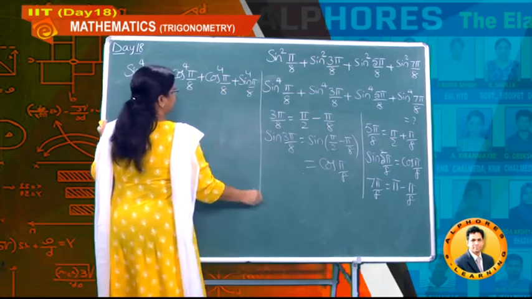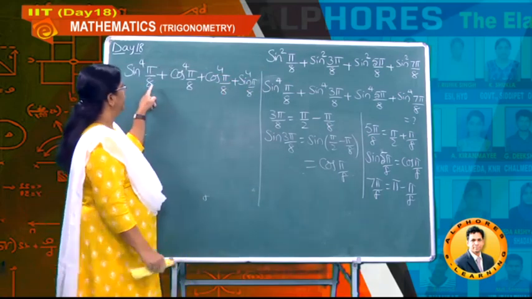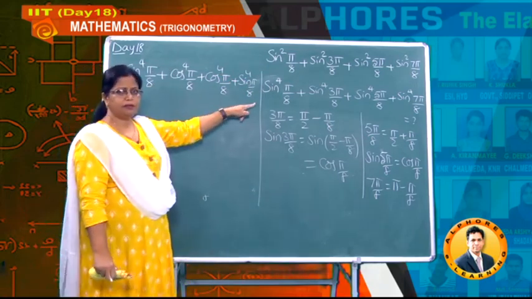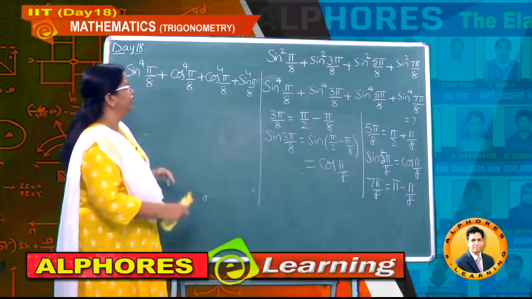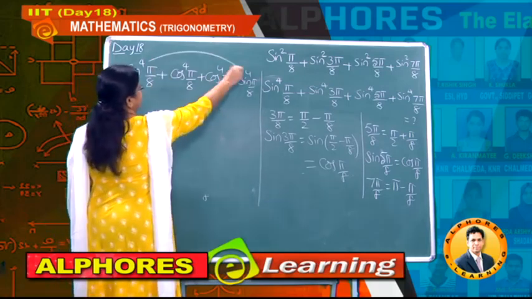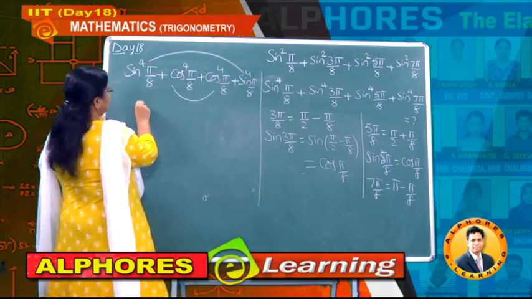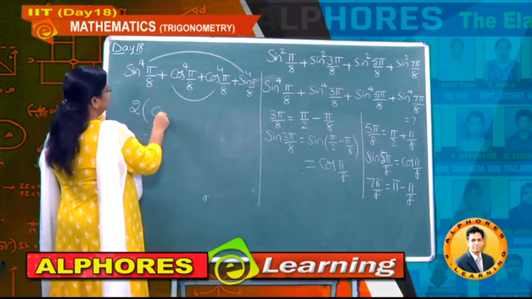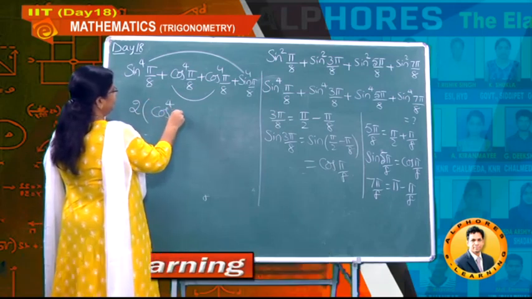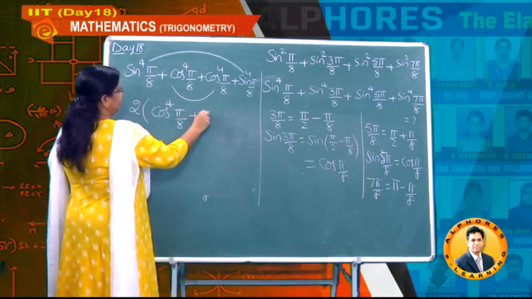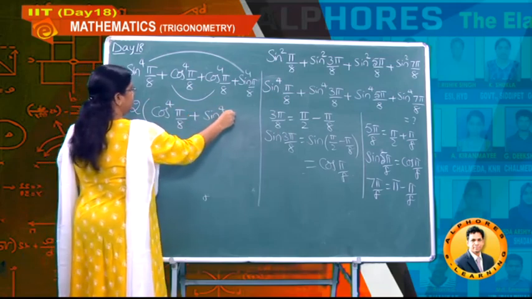So students, all values you observe here we reduced in terms of pi by 8, the same value. Now how many sine values exist here? 2. How many cosine values? 2. So let us take 2 as common. Now this is cos to the power of 4 pi by 8 plus sine to the power of 4 pi by 8. Okay.